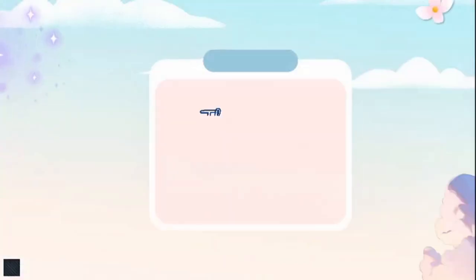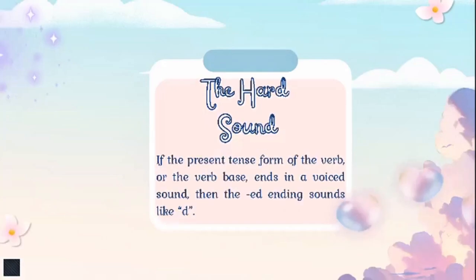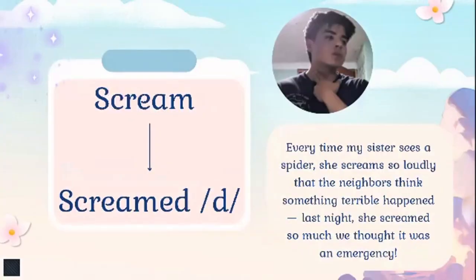The second rule says if the present tense form of the verb, or the verb base, ends in a voiced sound, then the -ed ending sounds like d. That's a hard sound. Let's test it with the word scream. Please, touch your throat again. Say scream. Feel that vibration at the end? That's a voiced sound.